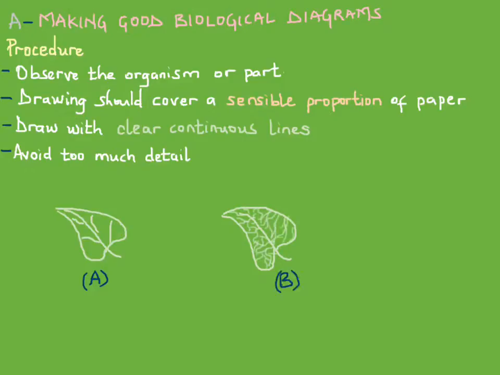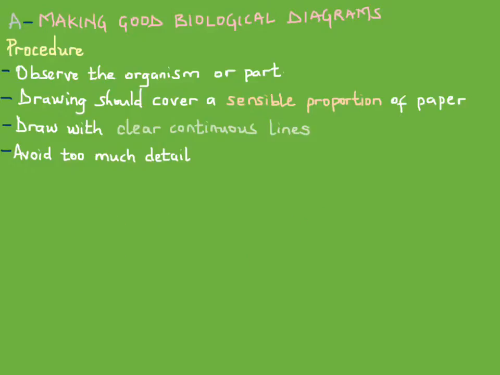Diagrams A and B represent a simple compound leaf. However, diagram A shows much less detail, is accurate and straight to the point. However, diagram B shows a lot more detail and may not be the best choice in such a case.